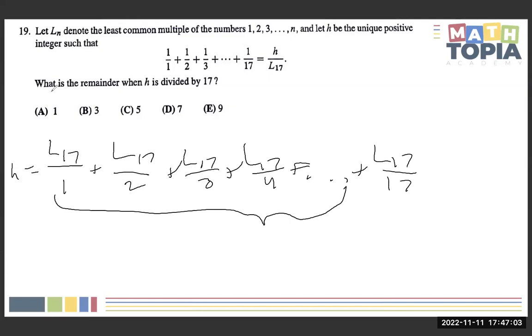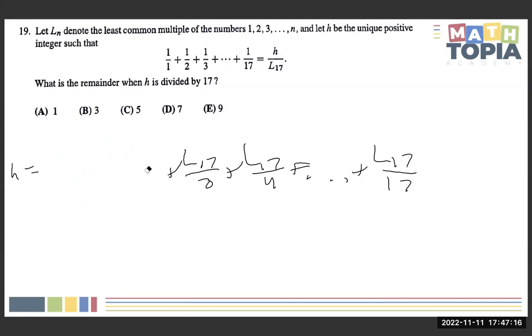Which means it doesn't matter for what the problem is asking. The problem isn't asking for h. The problem is asking for the remainder when h is divided by 17. These terms are all integers that are 0 in mod 17, so we don't need them. And we just get this. We're just looking for this in mod 17.